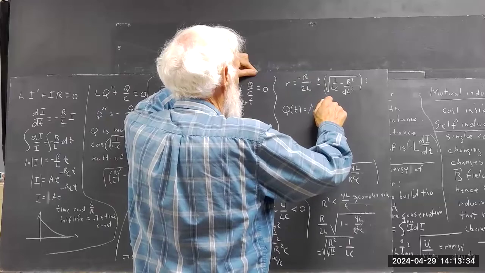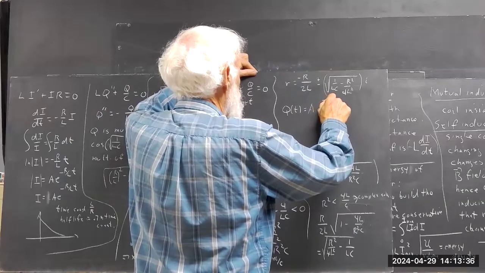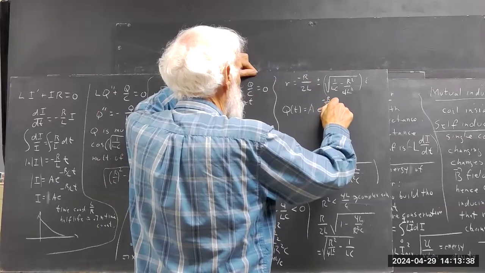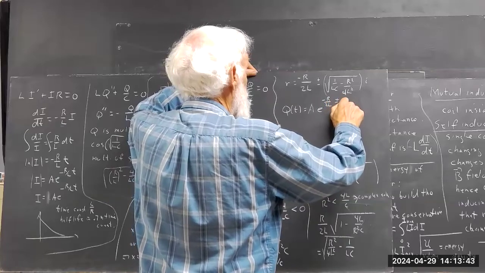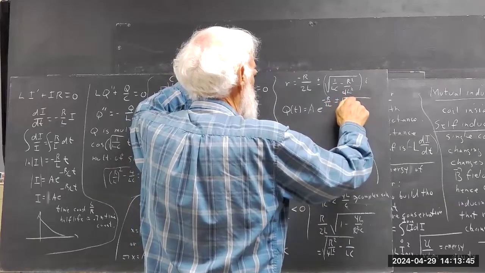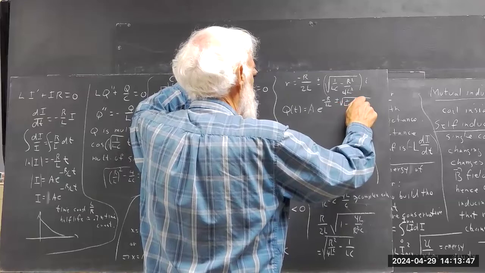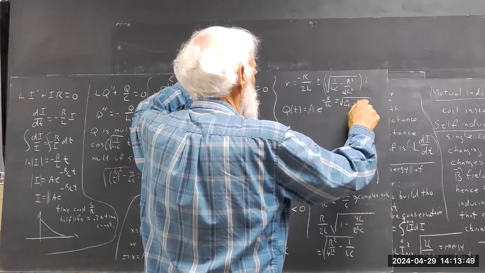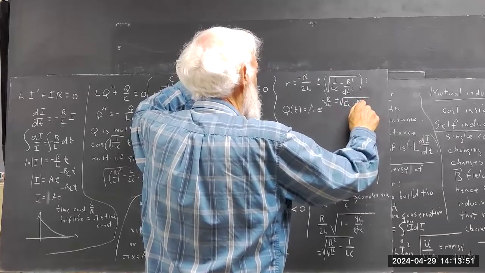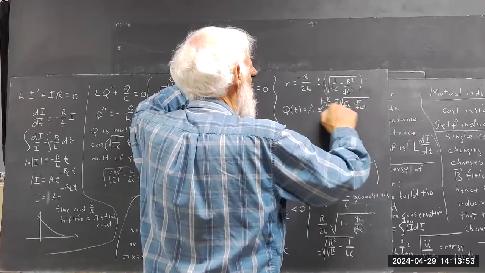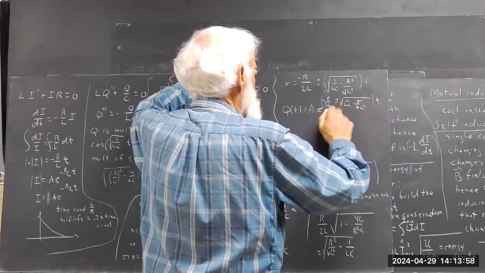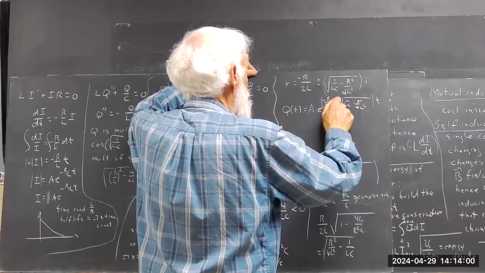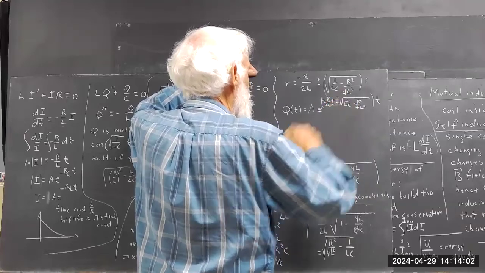So it's e to the negative R over 2L, plus or minus the square root of 1 over LC minus R squared over 4L squared, with my i right here.